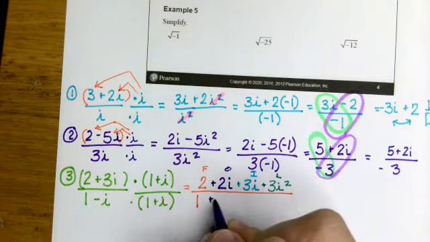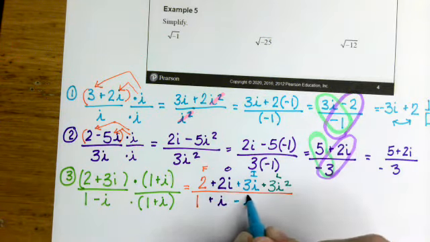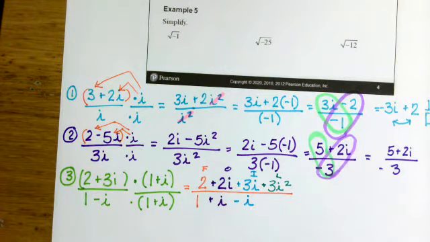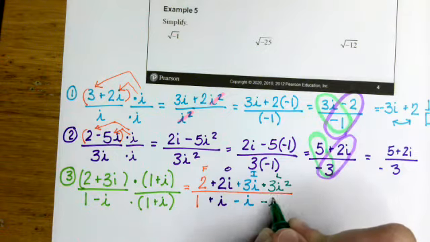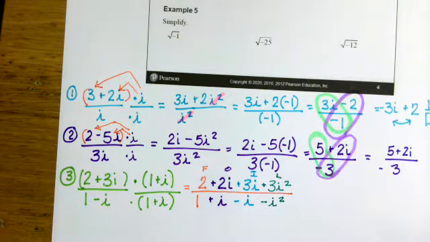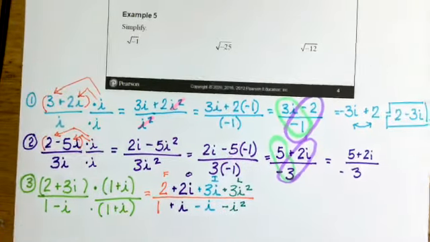Outside, 1i, I can just call it I. Inside, negative I times 1 is minus I. Last, negative I times an I, negative I squared. Okay? Foil the top, foil the bottom.